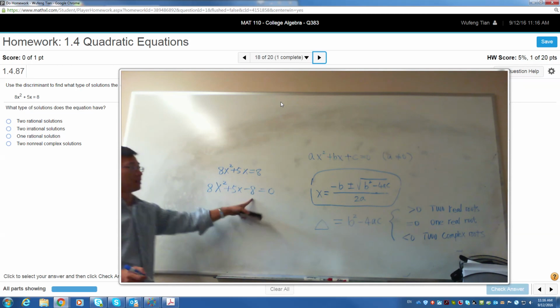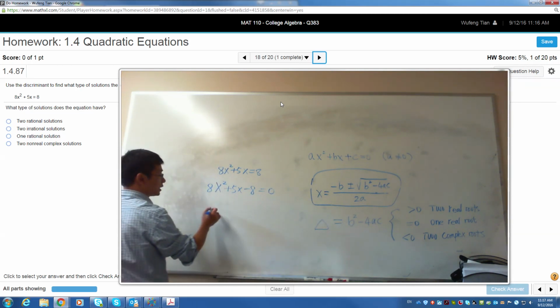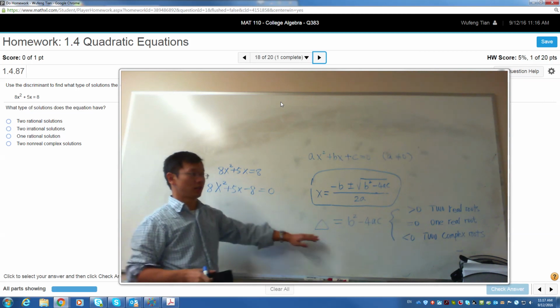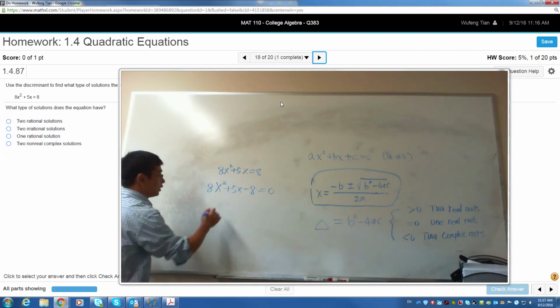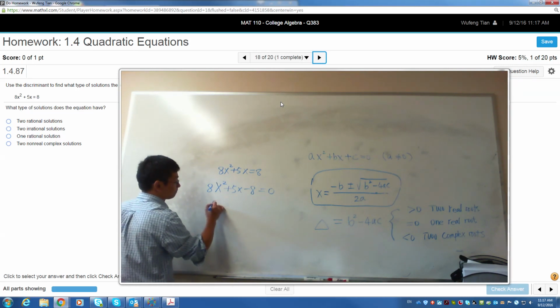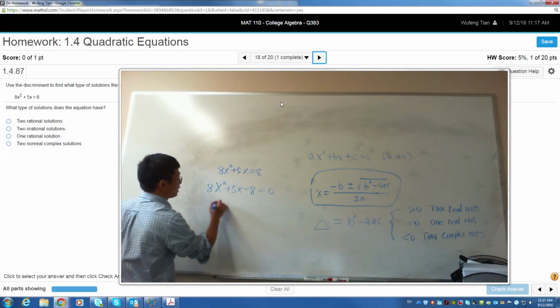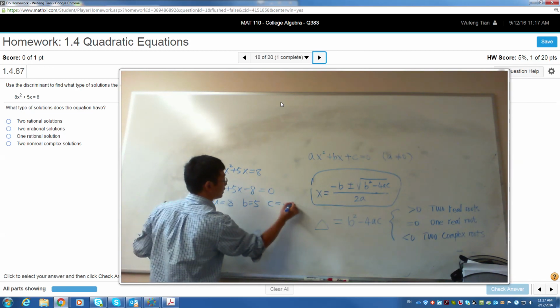Now a, b, c are given. Use that formula. The discriminant is the second thing you want to write on your formula sheet. So a equals 8, b equals 5, c equals negative 8.